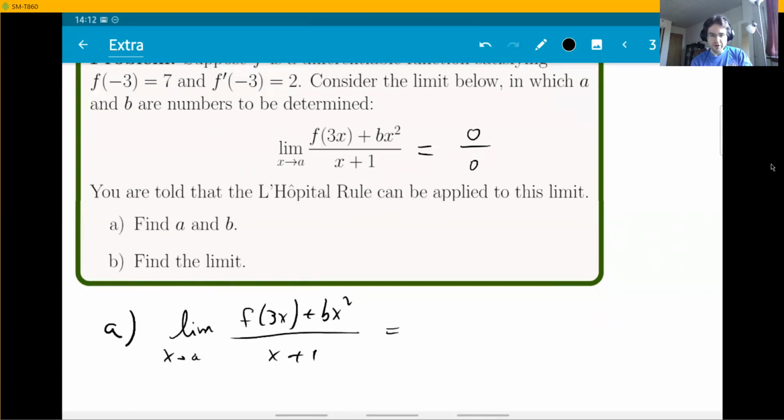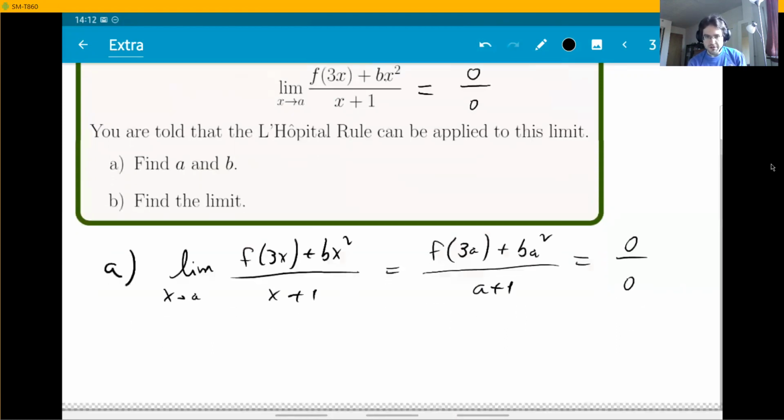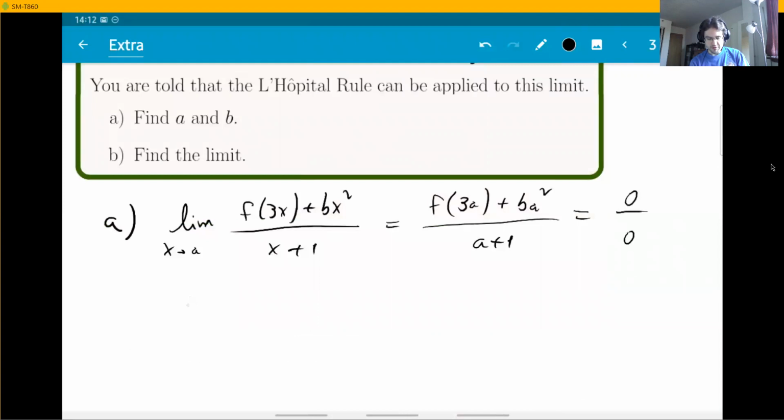If you were to try to compute this directly by plugging in x equals a, you would find f of 3a plus b times a squared over a plus 1. You know that this is a limit of the form 0 over 0, according to the problem. So set the numerator and denominator equal to 0. For example, the denominator will give you a equals -1.